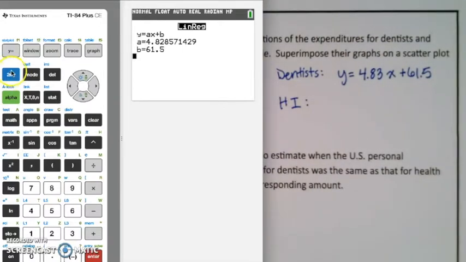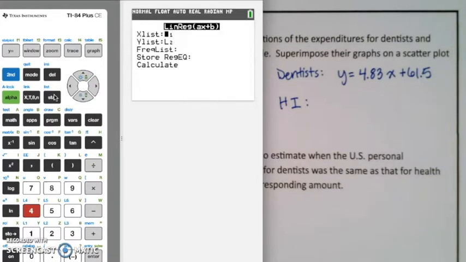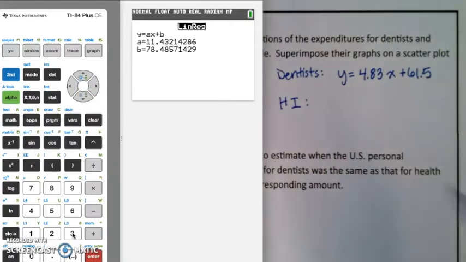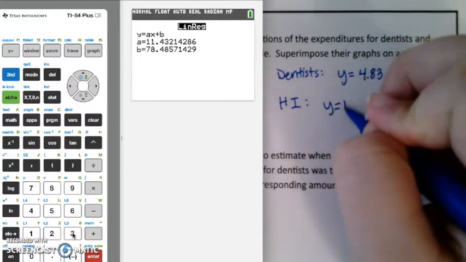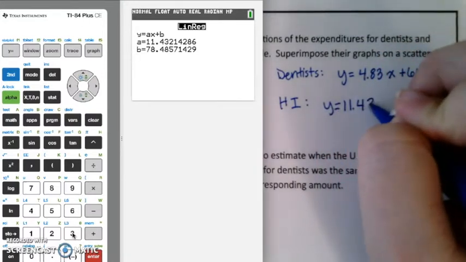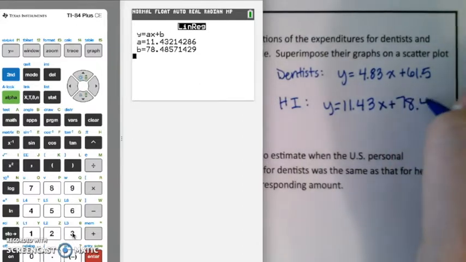Okay, and then we also want to find health insurance. So we are going to, again, Stat, Calculate, Linear Regression, which is option 4, but now we're going to use list 3. So down over the 3 button in blue, you'll see L3, and that's what we want to use. Okay, and then we're going to go down and calculate, and we get that our second linear regression equation is y equals 11.43x plus 78.49.